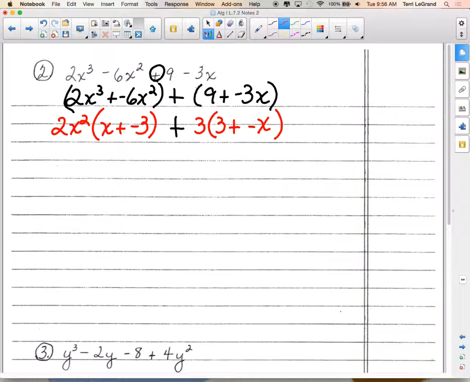Did you have the same GCF for each group? Yeah? Okay. Well, are they good ones?